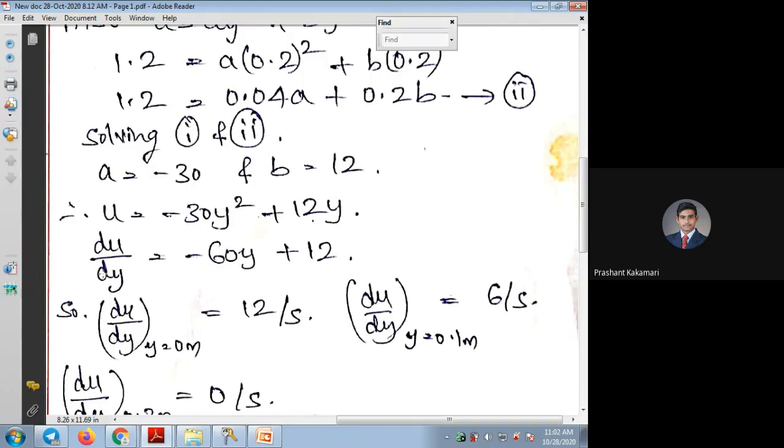If you take the derivative with respect to y, or if I write the velocity gradient as du by dy, I can write it as minus 60 into y because it is minus 30 into 2y. 2 into 30 will be 60. So the equation is converted into minus 60y plus 12.